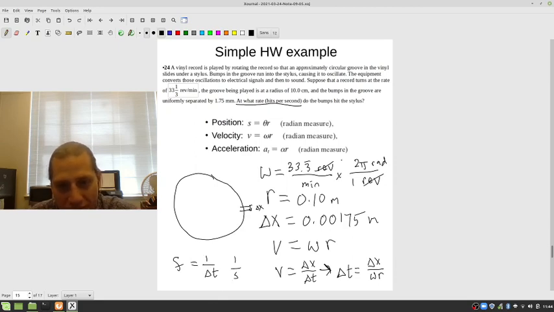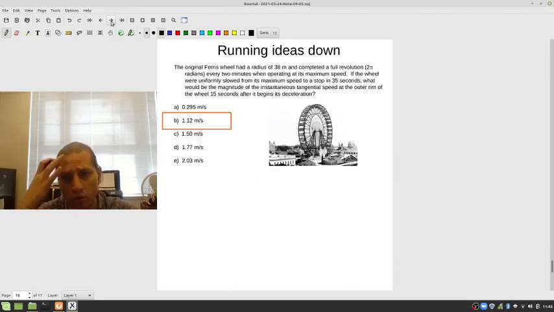Okay, so the idea is not that hard, but it's very tricky to go between these various ways of talking. Let's just look at one more idea before I let you go. In this one, we have the original Ferris wheel. The Ferris wheel, by the way, was built for the World's Fair in Chicago as the American counterpart to the Eiffel Tower, because the World's Fair had been in Paris the year before, or I don't know if it was just 1 year between them.